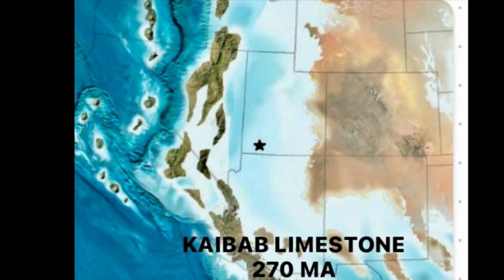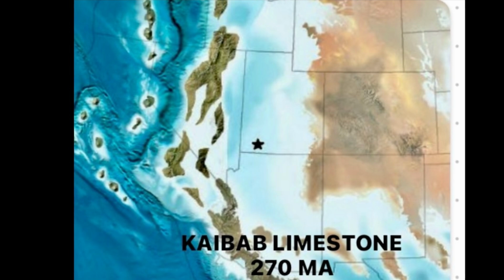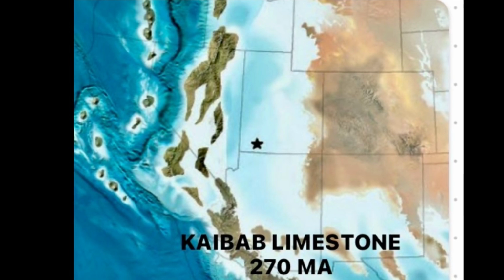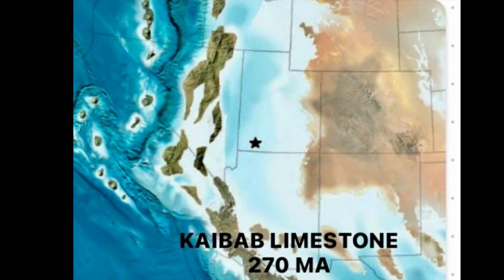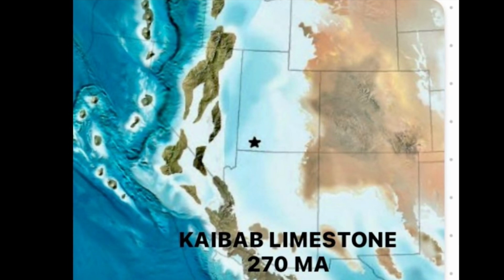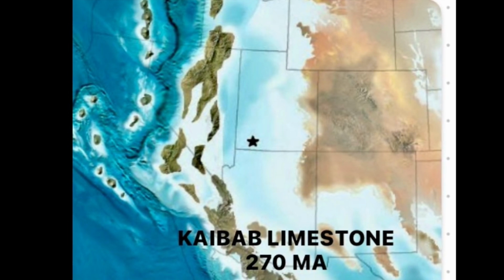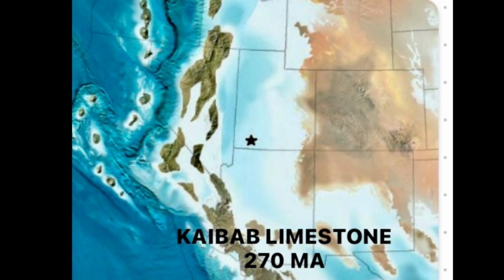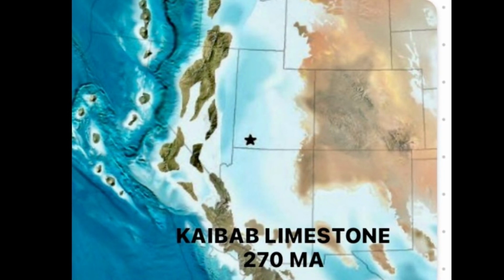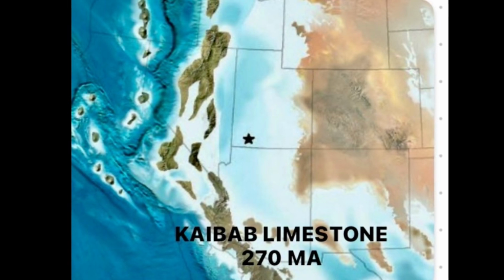We're now looking at 270 million years ago. This is the late Permian time, and the star on the map shows you where Zion National Park is. This is the Kaibab Sea, a shallow, warm sea that formed, and geologists tell us that the Kaibab was the very last passive margin that formed on the west coast for a long, long time.